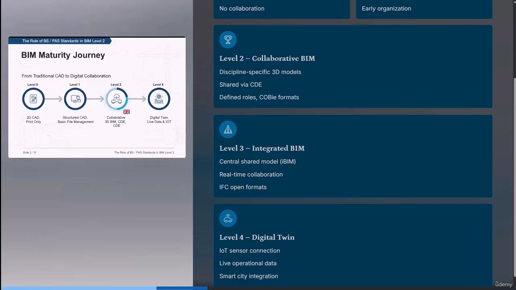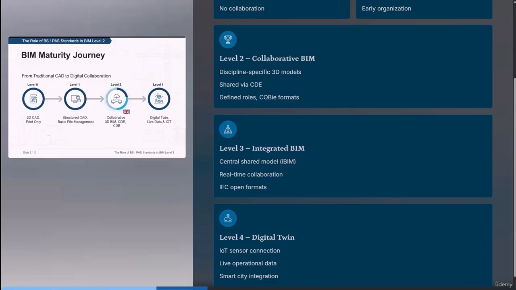But in level 3, we got integrated BIM, central shared model or iBIM with real-time collaboration, IFC open formats. So at this part, there is no separated file since the entire team is working on an integrated file, and the collaboration is real time, and whatever changes they make will be applied in real time.